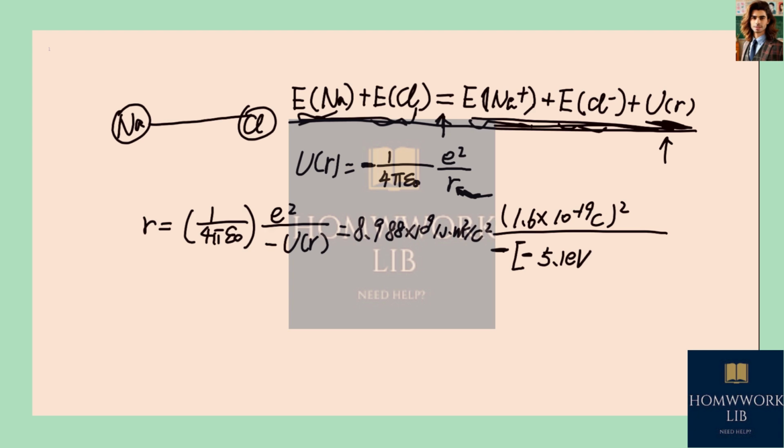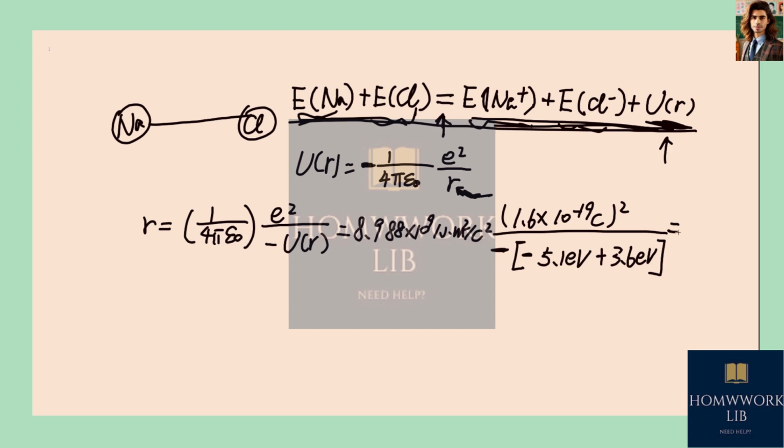And then for chloride we are gaining an electron, so the energy is 3.6 electron-volts. We enter everything into the calculator, and this is negative 1.5 electron-volts.